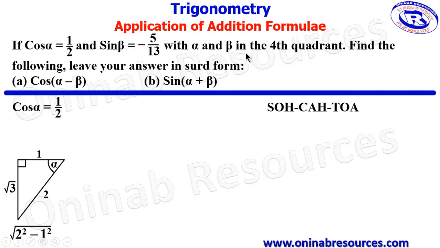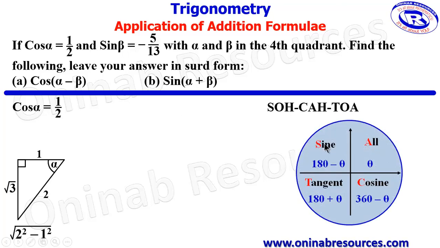And before then, since it is in the fourth quadrant, this is the distribution of signs in the 4 quadrants. For the first quadrant, sine, cosine, and tangent are all positive. For the second quadrant, only sine is positive. For the third quadrant, only tangent is positive.